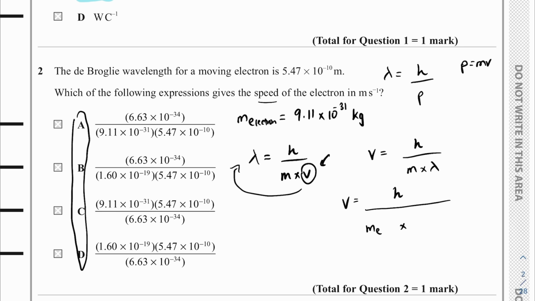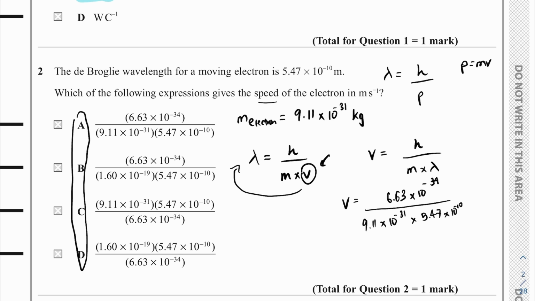So we can write the numbers: 6.63 times 10 to the power of negative 34, over 9.11 times 10 to the power of minus 31 times 5.47 times 10 to the power of negative 10. Let's see the options. Can A be it? We have 6.63, tick. We have 9.11, and we have 5.47. So A is the answer.